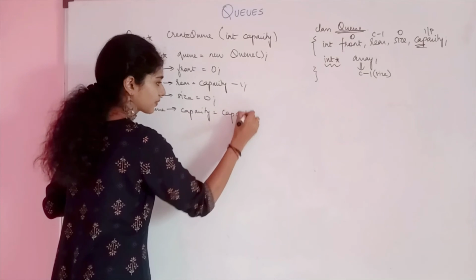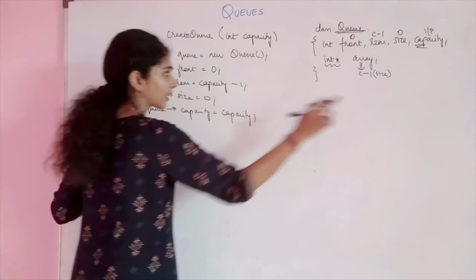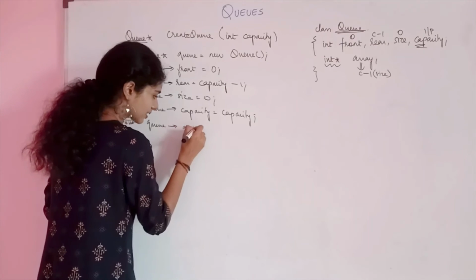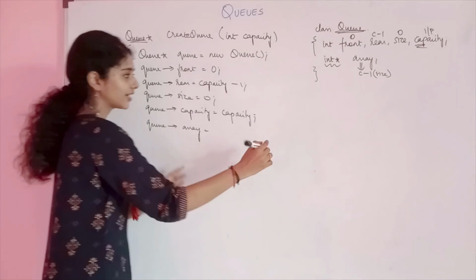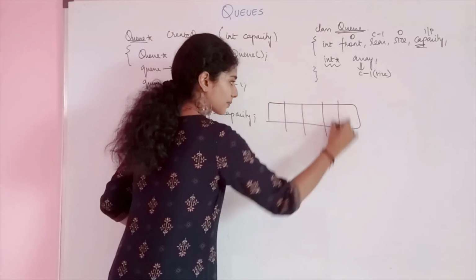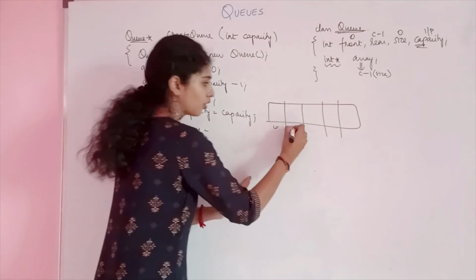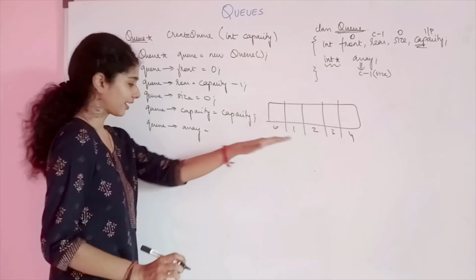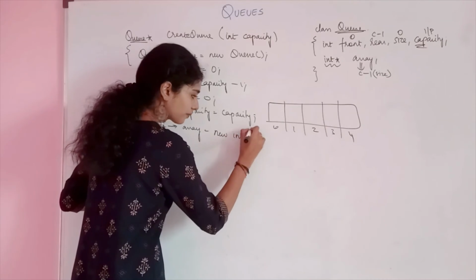And then what should be the size of the array? The size of the array, q->array, right? This array must hold a size that is equivalent to the capacity. So if I say the capacity is going to be 5, the array must have this much allocation, so it should hold up till index 4. That is the meaning of capacity 5, right? So q->array is equal to what? New int of how much?